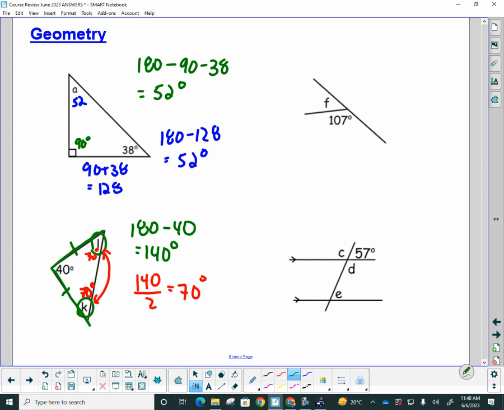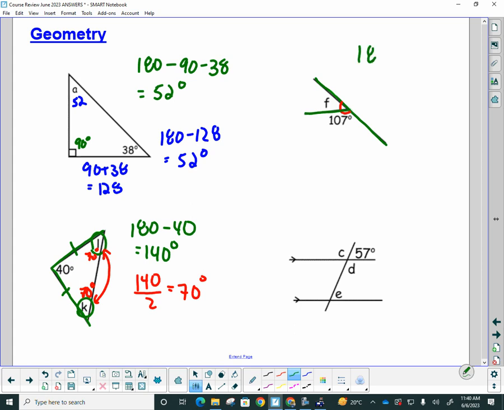Next over here we have two angles. We learned a new way to describe these. They were called supplementary, or also known as linear pairs, because they lie on the same line. So a linear pair adds up to 180. A straight angle is 180. So this much is 107.